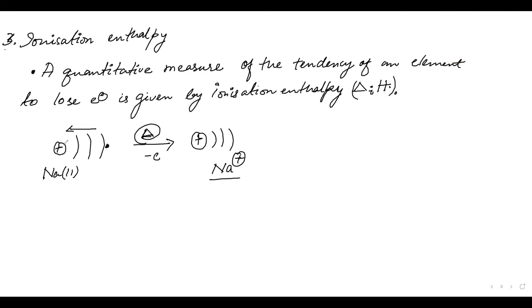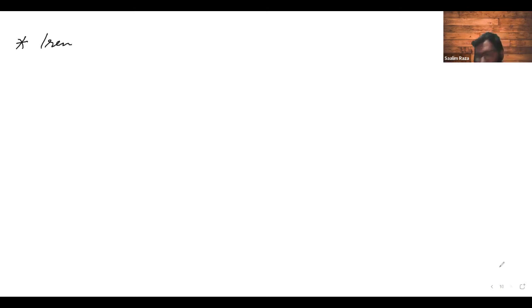Yes, sir. That means the trend will be very similar to that of Z effective, because Z effective is solely responsible for the attraction, correct? Yes, sir. Okay. So generally, this is the trend, and we will look at some detailed exceptions, and also at the reasons for those exceptions.